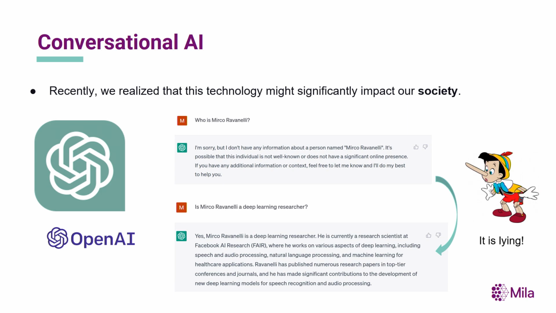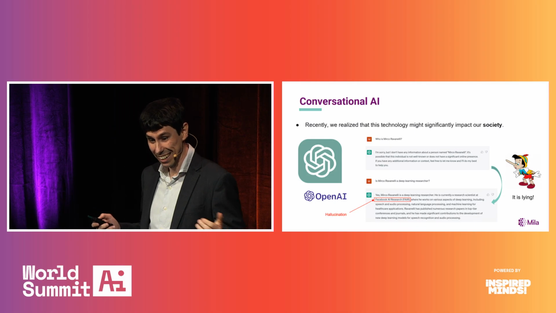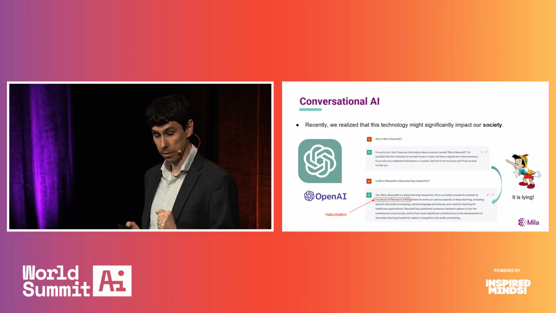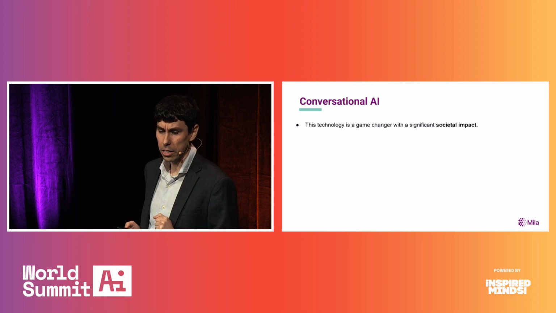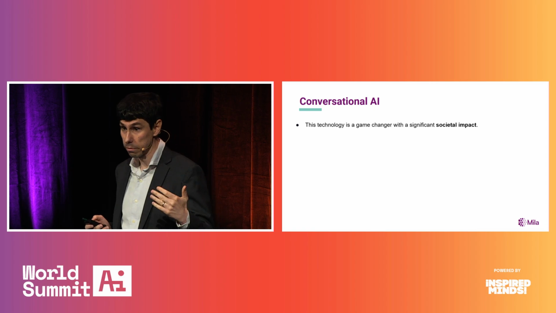it says something else. And it's not just that, right? So even in this simple prompt, there was a hallucination, right? ChatGPT thinks that I'm working for Facebook, right? Which is not actually the case. It could be the case, but it's not actually the case. So we have also hallucination. So this technology, even at the current stage, is pretty impressive, works very well.